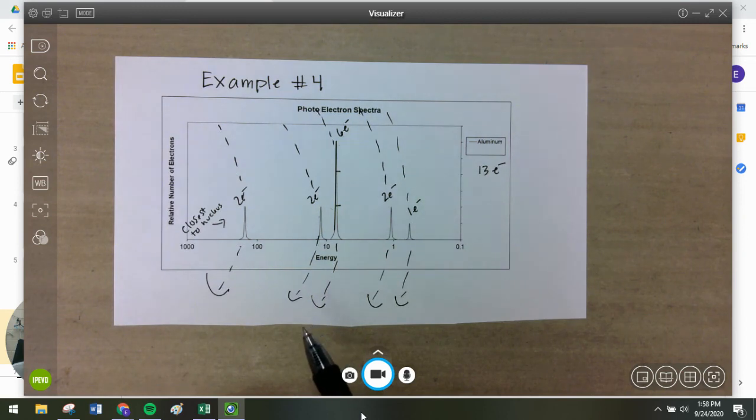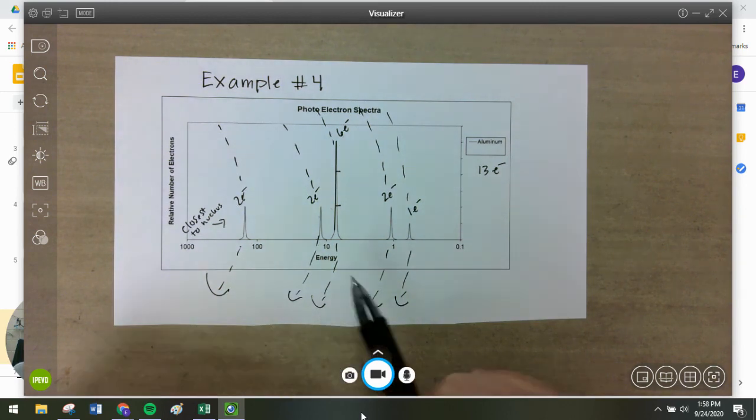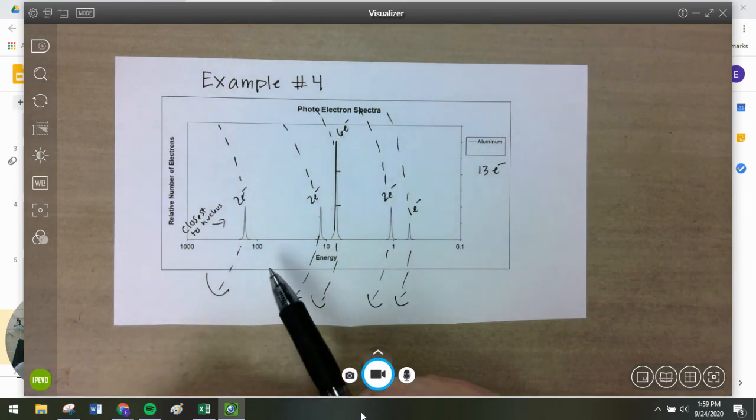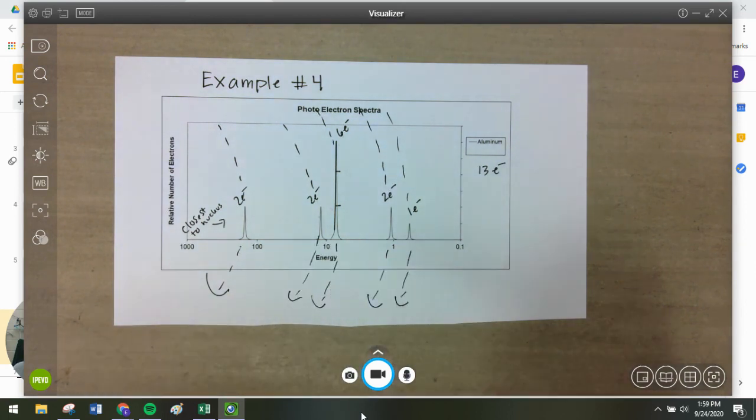So what I'm going to be asking you to do in the practice and the practice understanding check is to go through and see if you can predict what these peaks represent and how many electrons they have. In our next video, we're going to be talking about how these things relate to giving the electrons a home within the element and being able to identify that home.